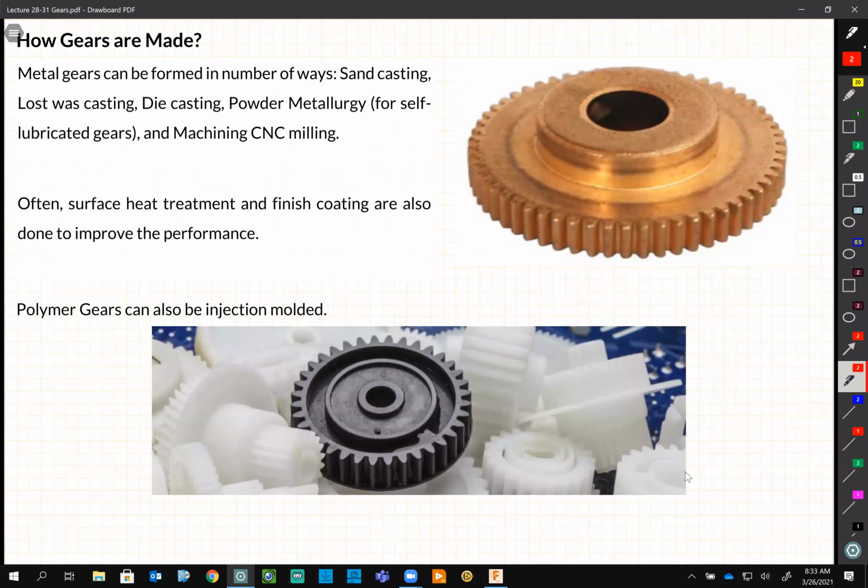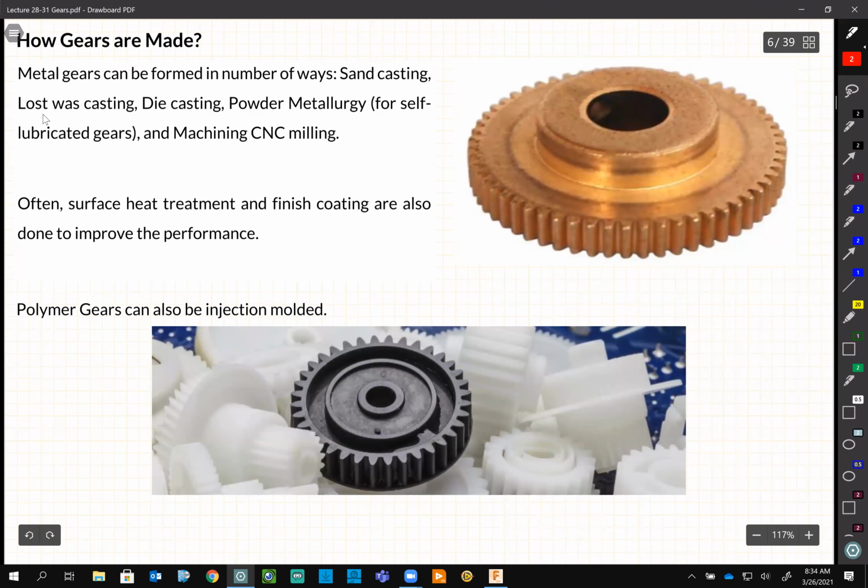How are gears made? Again, in your future courses you will see more, but casting is the most common, sand casting. If you want more accuracy, go with lost wax. So I need to correct this, guys. It is not was or was, it is wax.